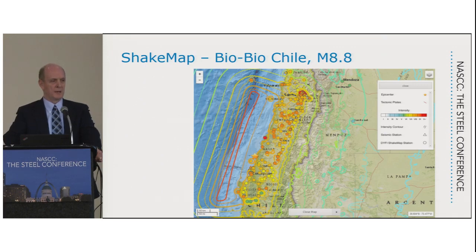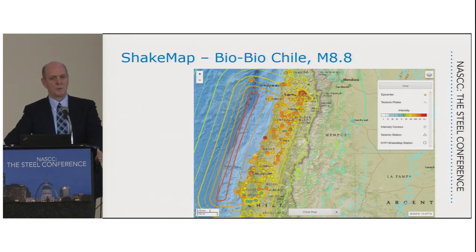So you can see that this magnitude 8.8 earthquake significantly affected a significantly larger area in Chile. The other thing that you'll see in this map is there are very few red triangles or circles, which means that the Christchurch earthquake had higher shaking intensity levels than the Chile earthquake.